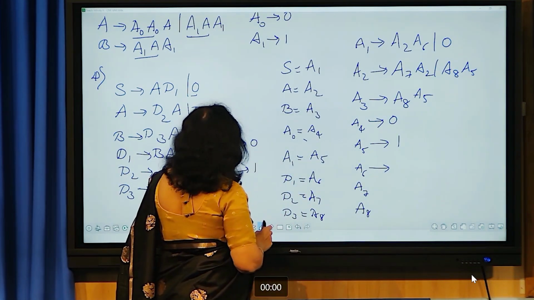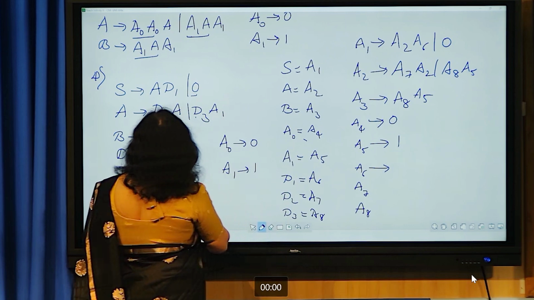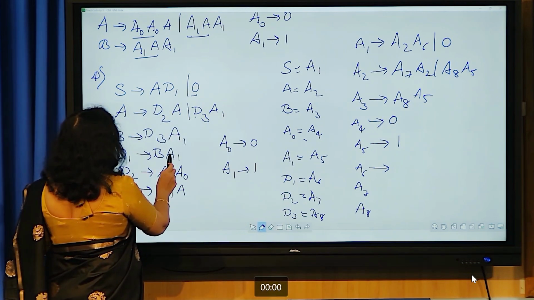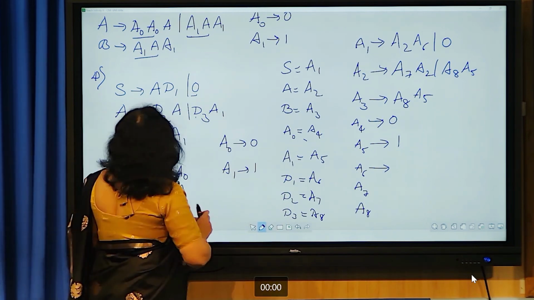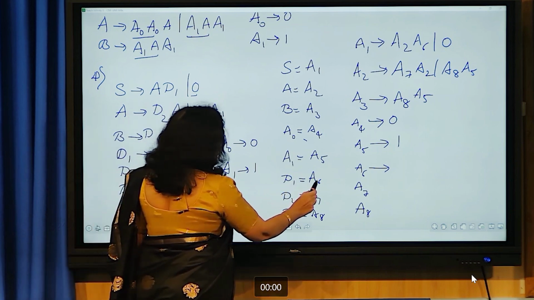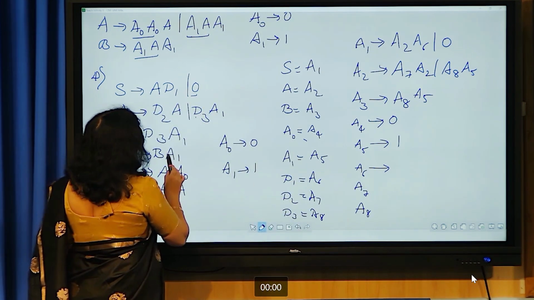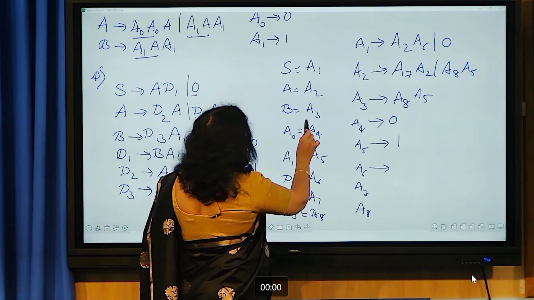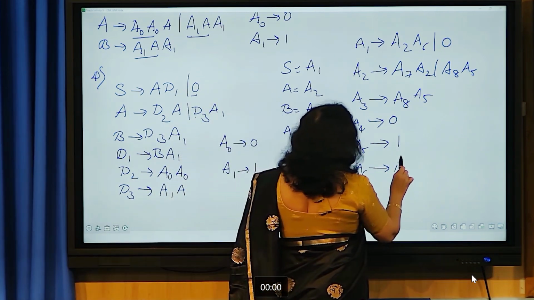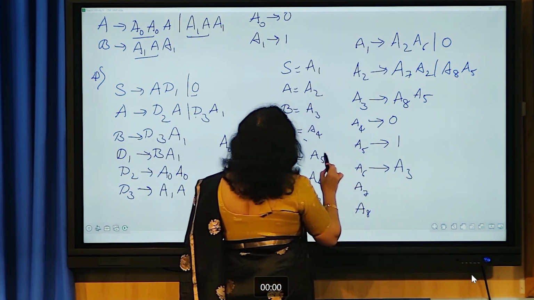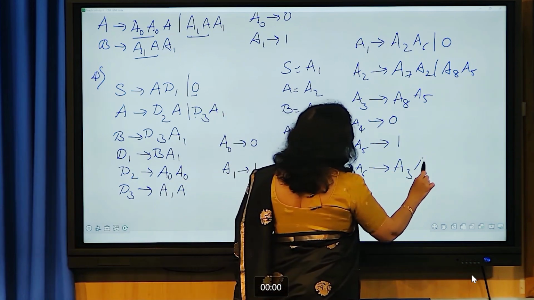A6 is D1. D1 produces BA1, so B is A3, A1 is A5.